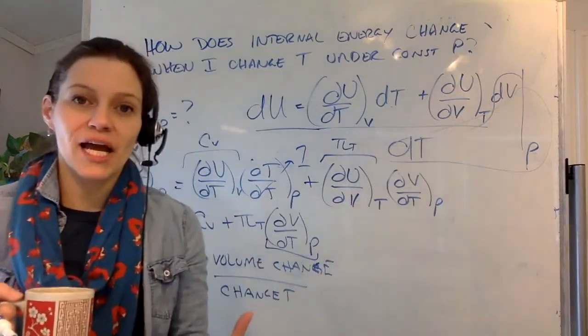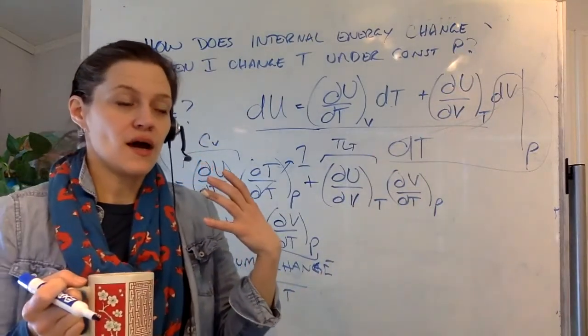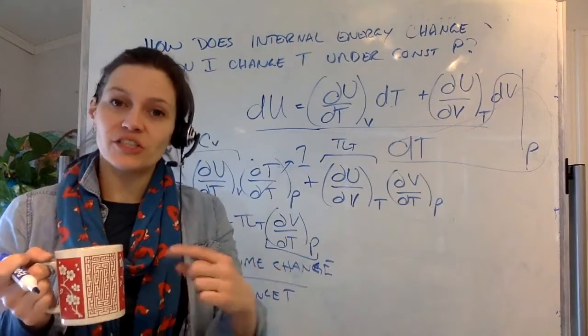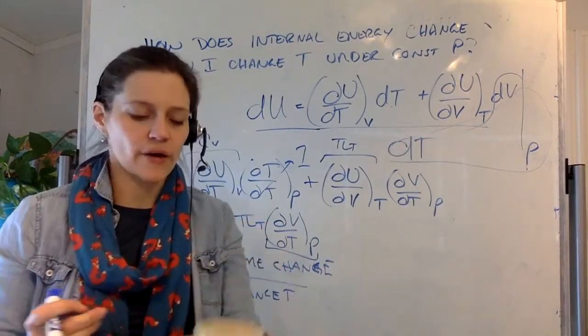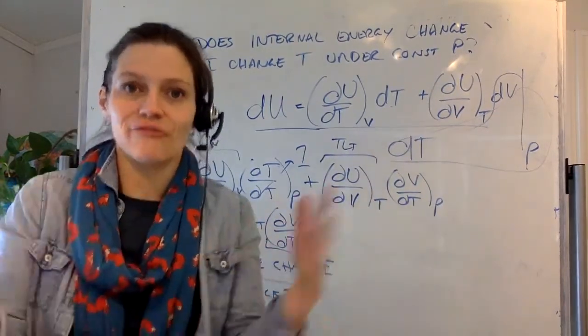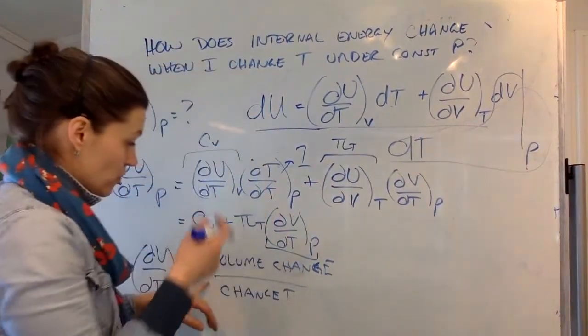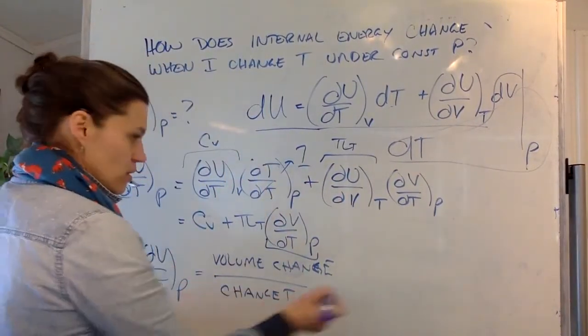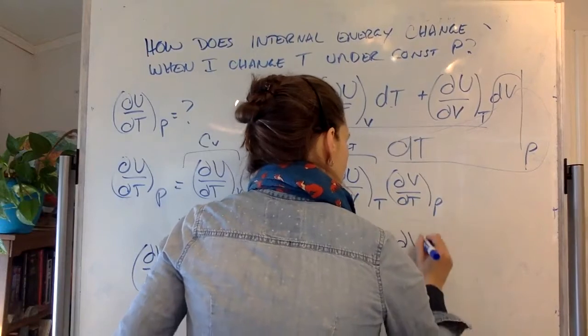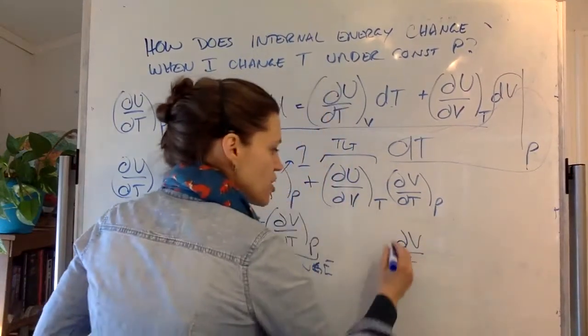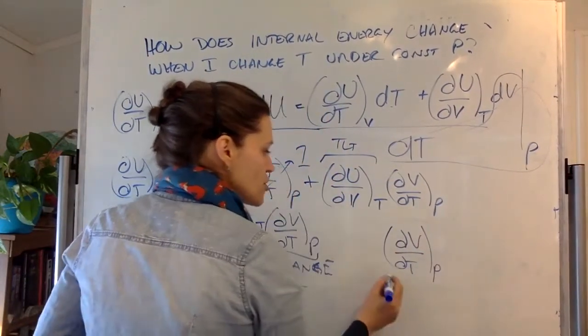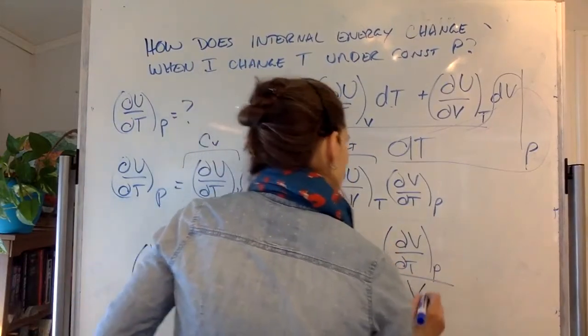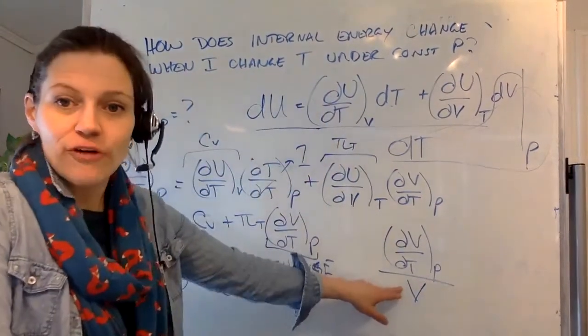So it would be better to have an approximate or a relative metric to know how much my coffee is going to expand when I put it in the microwave, or when I add thermal energy via microwaves. So I want to look at partial V partial T, how much the volume changes when I change the temperature at constant pressure, divided by how much my original volume was.